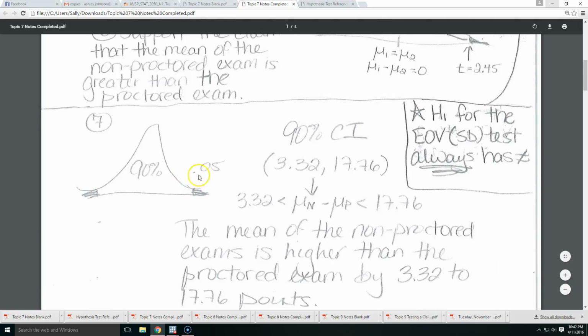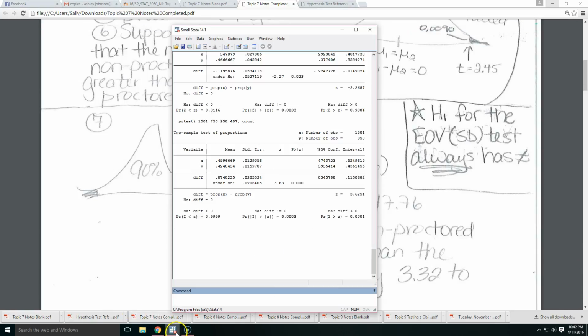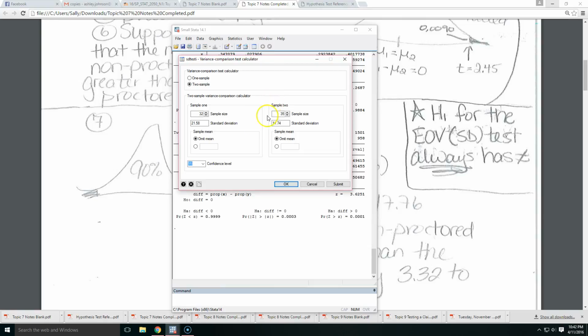So that means we're going to have 5% in this right tail over here. And so that means that I need to double the tail to make it symmetrical. So there's not 2 tails already, so we need to make 2 to have it be symmetrical. So this is going to be a 90% confidence interval. So we need that for Stata. So this needs to be 90%.